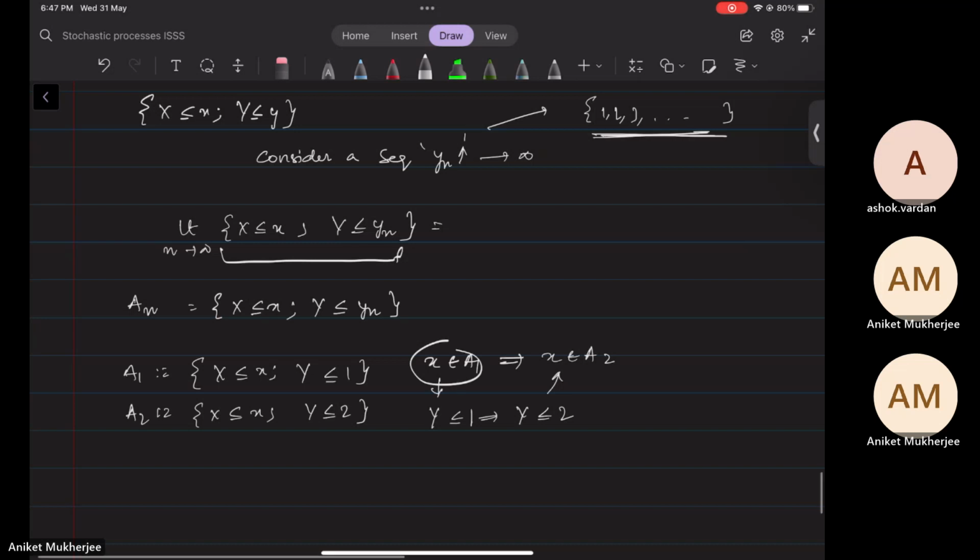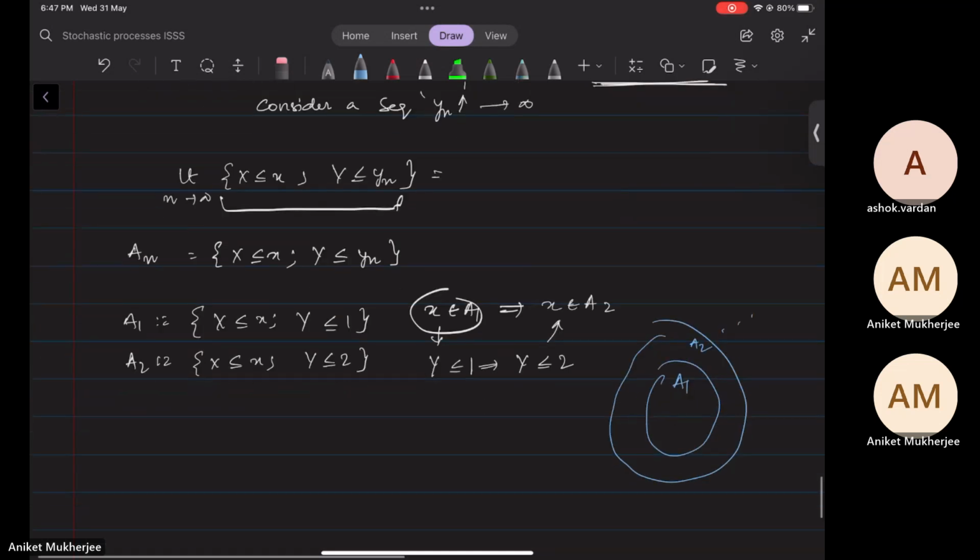This is your A1 and this is your A2, and it will keep on increasing. So these are all an increasing sequence of sets.